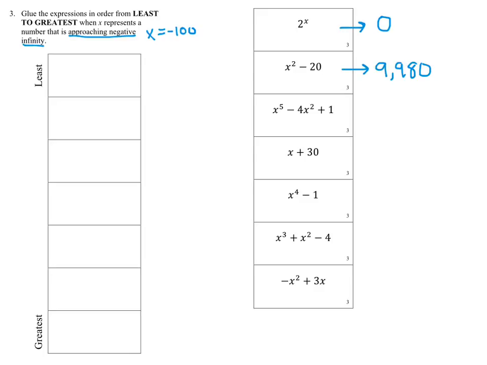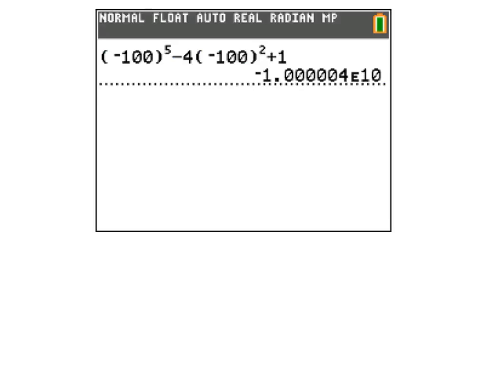When I plug x to the 5 minus 4x squared plus 1 in, once again, it gives me that weird looking answer. This looks like it's approximately negative 1, but I still have this e to the 10, so I'm really moving the decimal 10 places to the right.